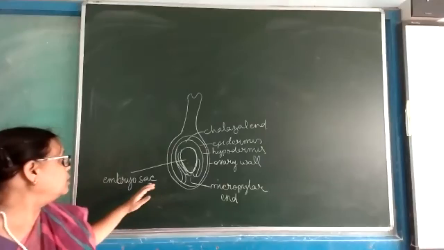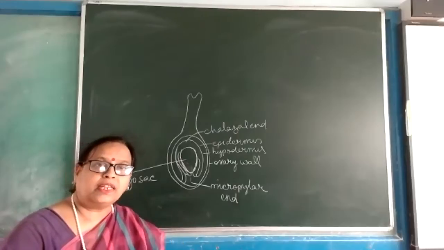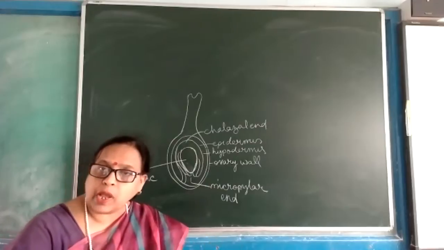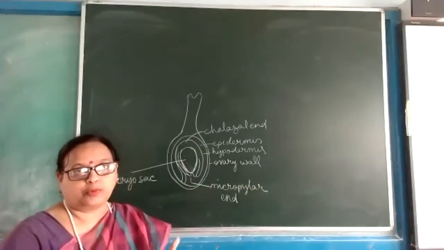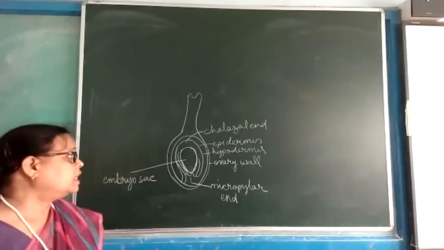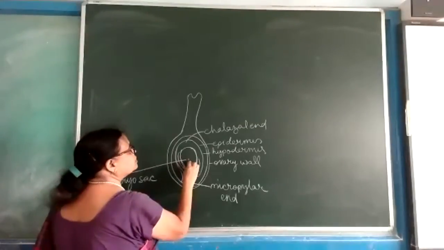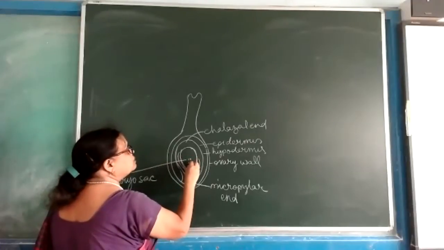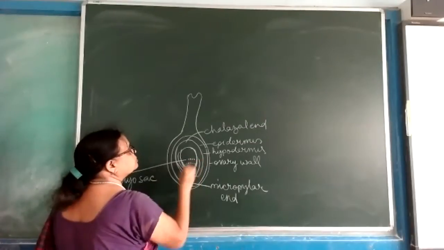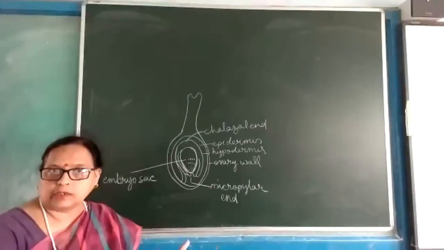The nucleus of this megaspore mother cell will undergo meiotic division. Because all the cells here are diploid, the megaspore mother cell will undergo division and produce 2 cells, then 4 cells, then 8 nuclei.